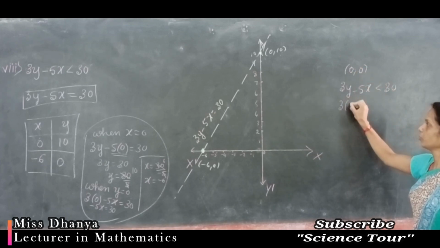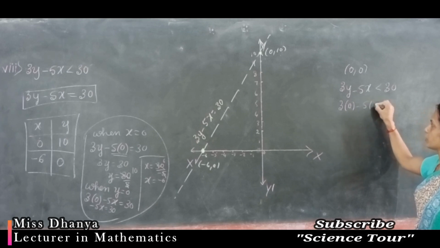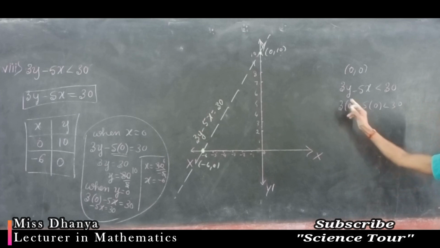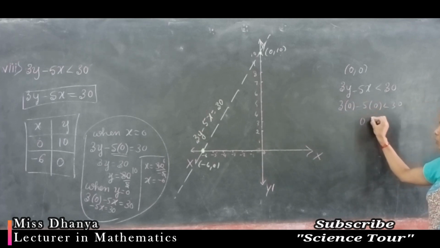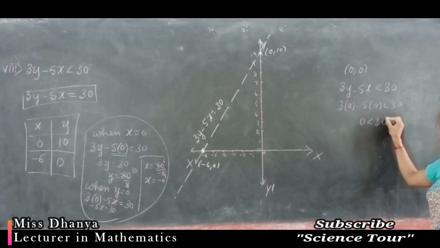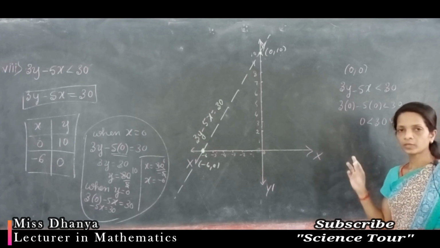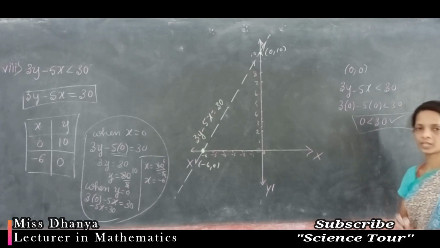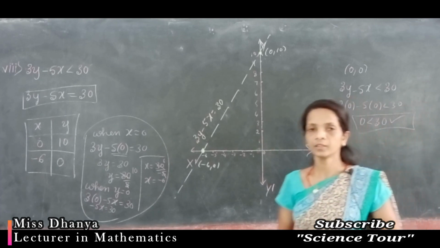So 3 into 0 minus 5 into 0 less than 30. Left side simplifies to 0 because 0 into anything is 0. 0 minus 0, that is 0, less than 30. 0 less than 30, that is a correct inequality, okay. Since you got a correct inequality here, you have to shade the half plane containing the checking point.